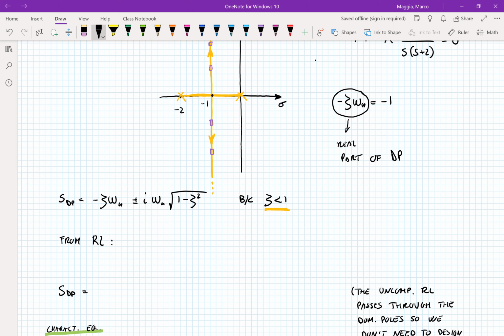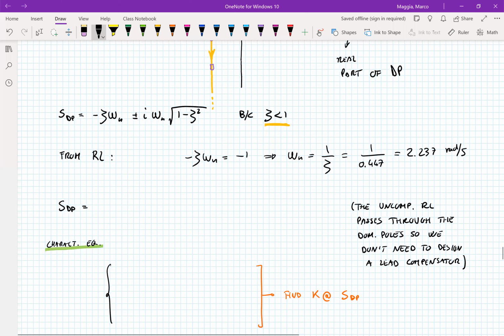All right, so given the fact that minus zeta omega n has to be equal to -1, this implies that omega n has to be equal to 1 over zeta. We have the value of zeta, which is 0.447. So omega n is equal to 2.237 radians per second. Don't forget the unit. Now we have both the natural frequency and the damping ratio for these two poles, so we can find the precise location of them.